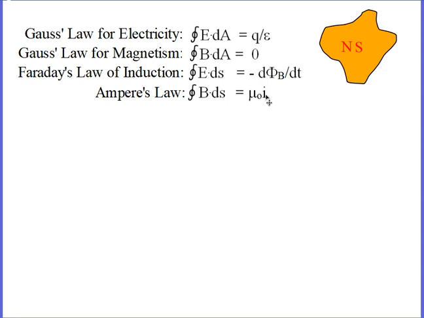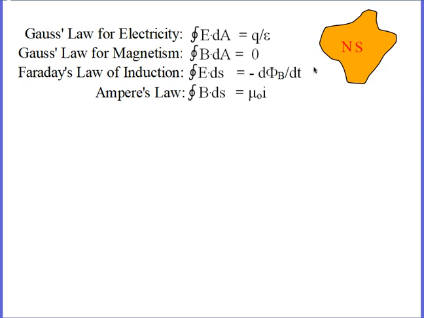Here you have current giving rise to magnetic field. Well, shouldn't you have something like a magnetic current giving rise to electric field? But of course there is no such thing as a magnetic current because there are no magnetic monopoles.